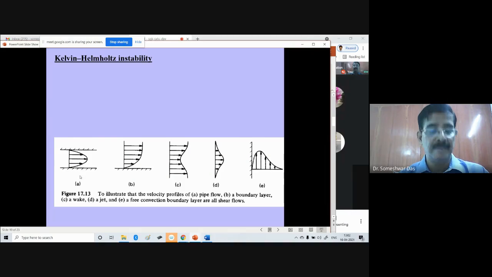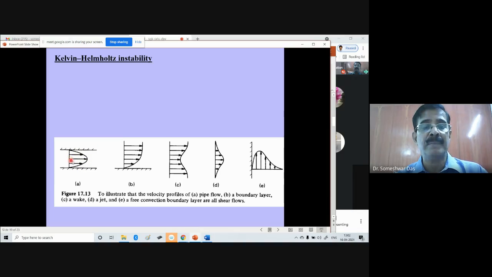In the first figure here, you see a piped flow between two bounded surfaces: an upper boundary and a lower boundary, with flow within them.